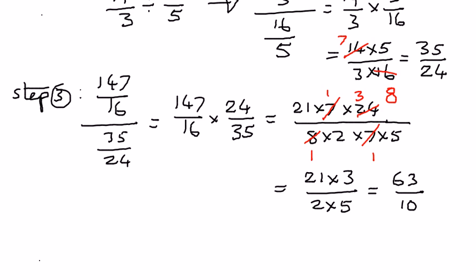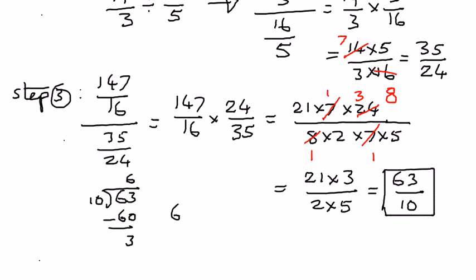So this is in its improper fraction format. So this is one way we can express the answer. The other way we can express the answer is by taking 63 and then dividing it by 10. 10 times 6 is 60. When we subtract, we're left with 3. So therefore 63 divided by 10 is equal to 6 3/10.